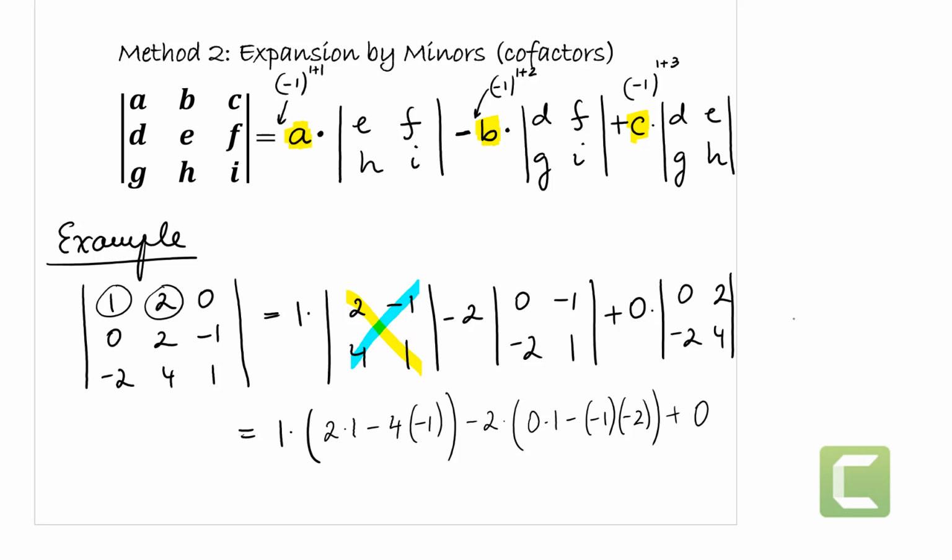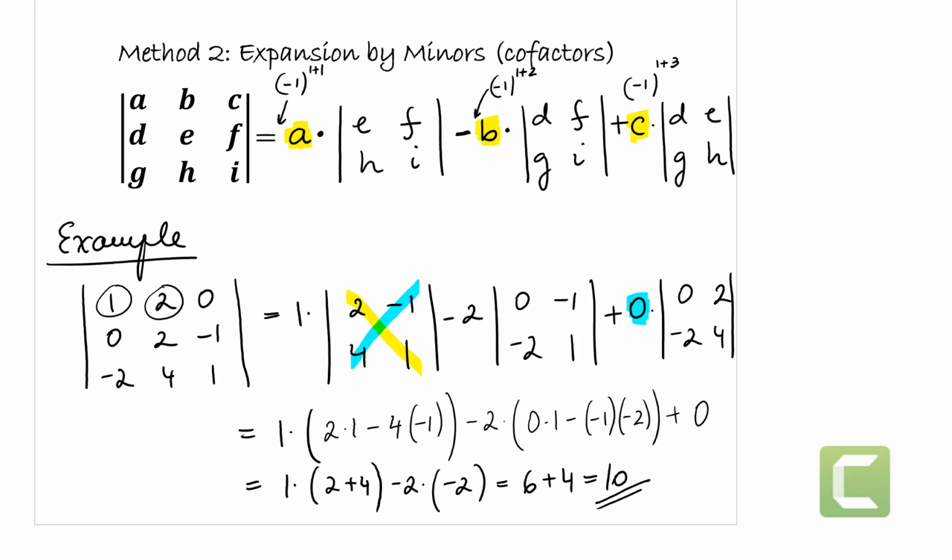I don't even have to calculate the determinant because 0 times a number is going to be 0. So we get 1 times 2 plus 4 minus 2 times negative 2. So we get 6 plus 4 equals 10. And we calculated determinants of 2 by 2 and 3 by 3.